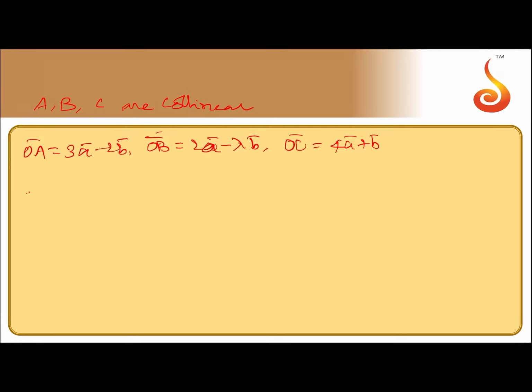Now consider AB vector and AC vector, because they are collinear. So A, B, C are collinear. Since they are collinear, I say that AB vector can be written as a scalar multiple times AC vector. So AB vector means OB minus OA.